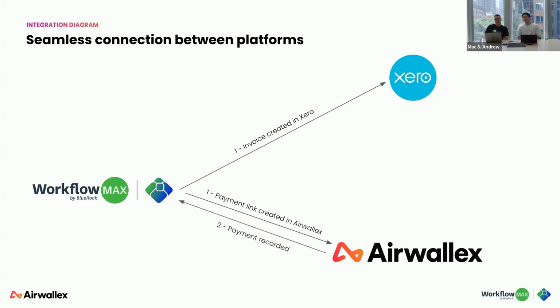So we've got that link on the bottom of the PDF that we send to that customer. What happens after that? The payment's recorded, so that goes onto the footer of the invoice that we saw as well. When that comes back through, that's also going to sync to Xero. So we've got that existing Xero integration for WorkflowMax customers. Whenever you add a payment to a WorkflowMax invoice, it goes and adds it as an unreconciled payment to the Xero invoice. That's going to happen there as well.